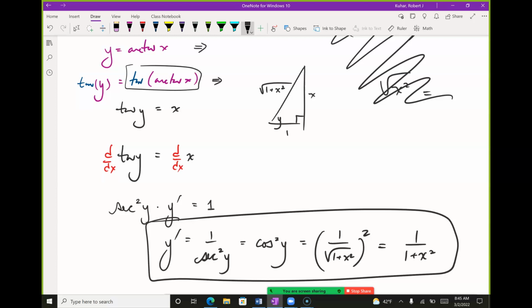Well, no, I'm dividing by secant squared, so it's downstairs. But the reciprocal of secant is cosine, so that's how it becomes cos squared. So to move it over to the other side, it became cosecant. No, it's secant. It just looked like cosecant for some reason. It's still a secant. I divided by it.